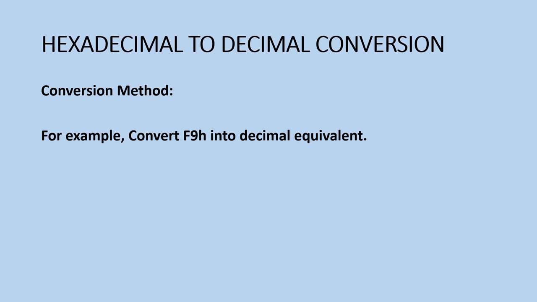You know that a hexadecimal number is a combination of digits from 0 to 9 and alphabets from A to F. This number we are going to convert into its decimal equivalent. The method is to multiply the digits of the hexadecimal number by the weights of 16.